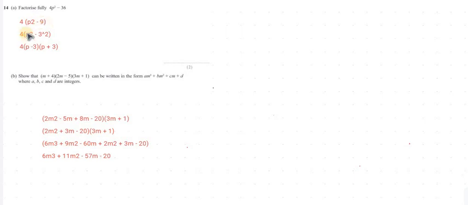So p squared minus 9, that's p squared minus 3 squared, so that's a difference of two squares. So we can break that down again and factorize: 4 bracket p minus 3 bracket p plus 3. Okay, so let's factorize fully. Final answer, that is.